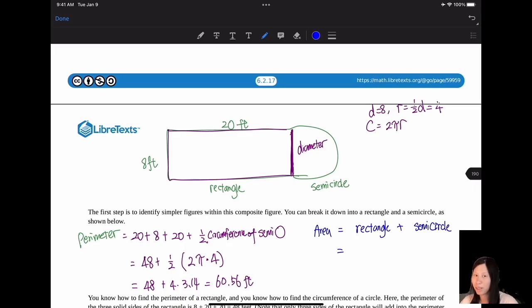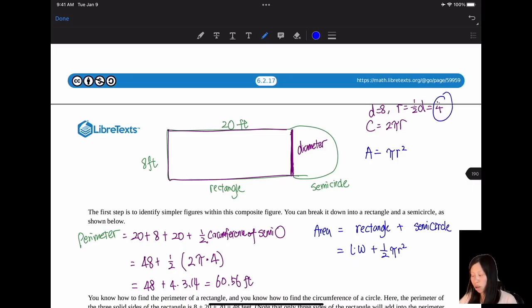The area of the rectangle is easy, length times width. What about the semicircle? The area of a circle is equal to pi times r squared. Since this is a semicircle, we just take half of it. So we have half times pi times r squared.